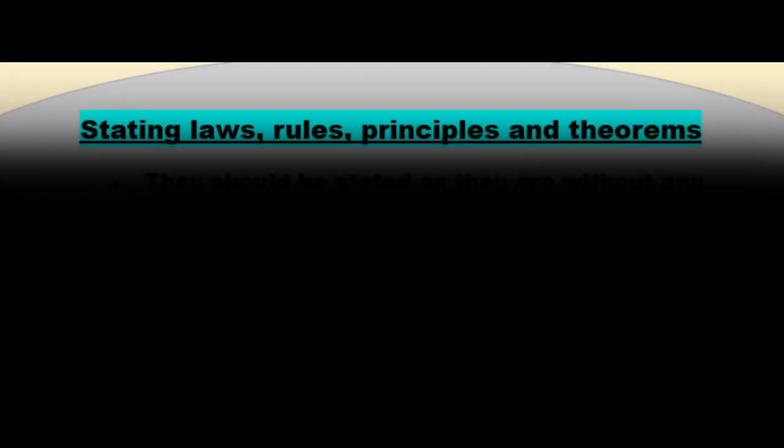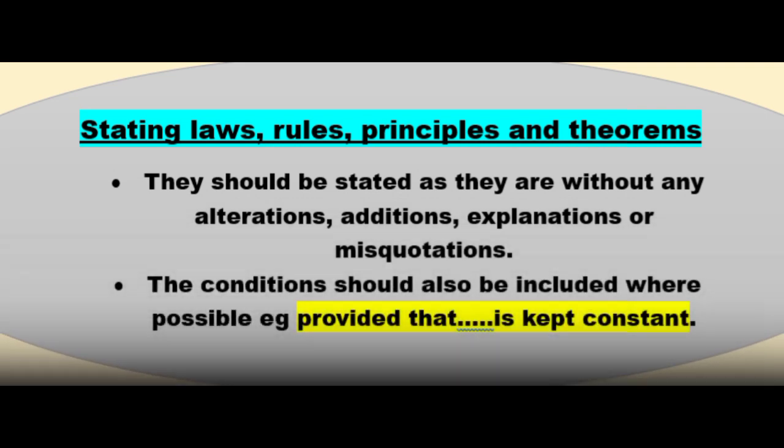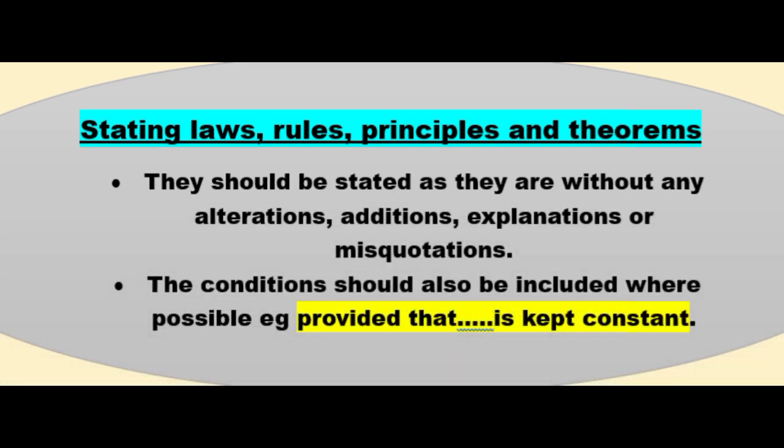That is our stating of laws, rules, principles, and theorems. How to state the laws, how to state the rules, how to state the principles, and how to state the theorems.